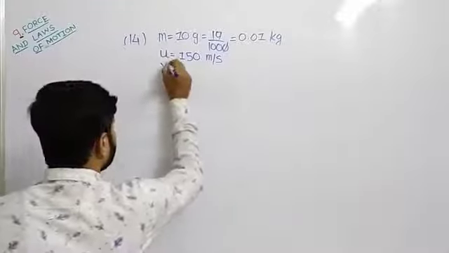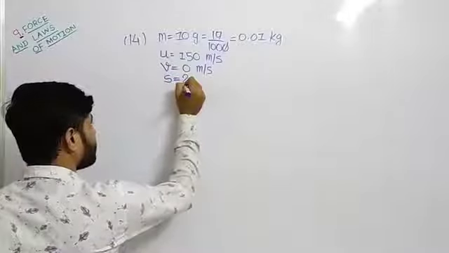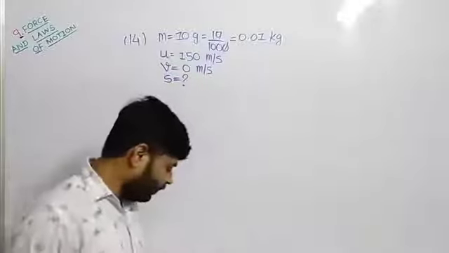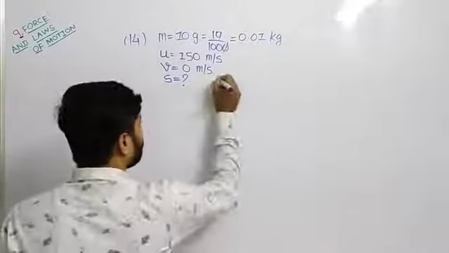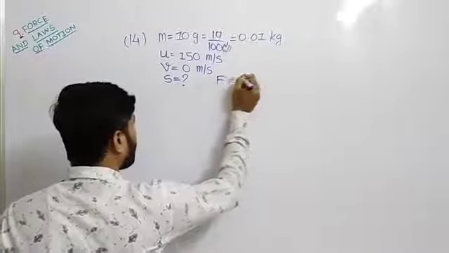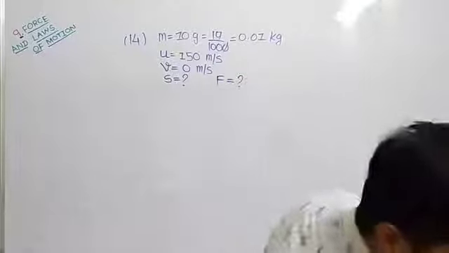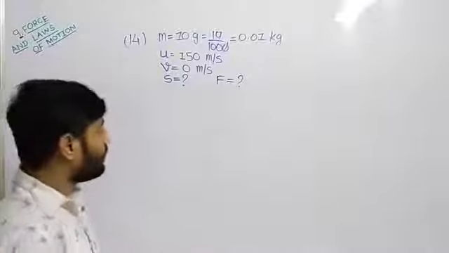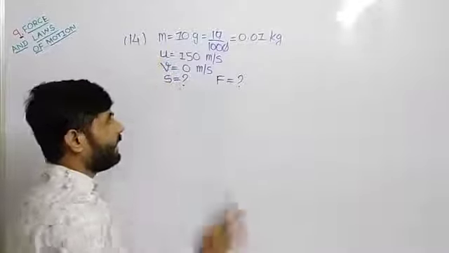So final velocity V. Let's say the distance of penetration is equal to S. Force exerted by wooden block on bullet. That is the question. Now we have the value of M, U and V, and we have to find S.